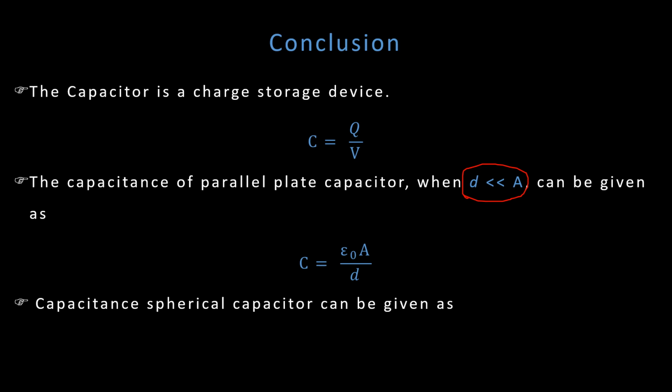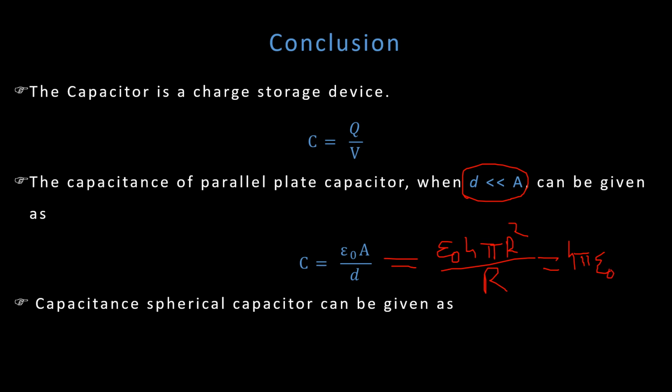The capacitance of a spherical capacitor can be given as, now how do I find out the capacitance of a spherical capacitor? I just have to consider the area of a sphere, which is 4 pi r square. So instead of A, if I take 4 pi r square, and instead of distance, if I take radius, what do I get? 4 pi epsilon 0 r.